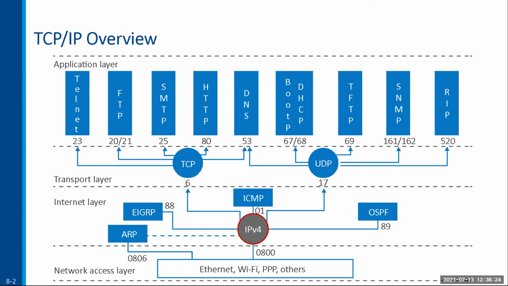If you do a DNS query, where you say, I want to know what the IP address of www.google.com is, that's going to make use of UDP 53. If you want to take the content of your DNS server and back it up to a secondary DNS, that will use TCP port 53.